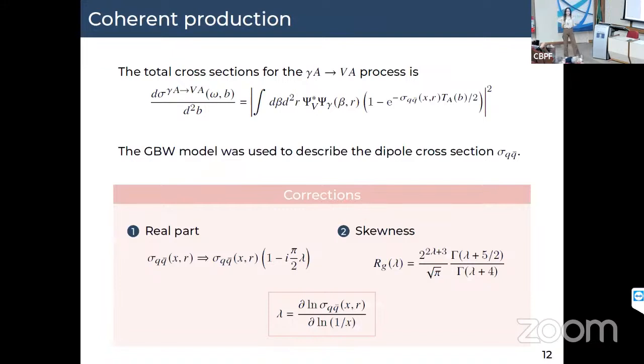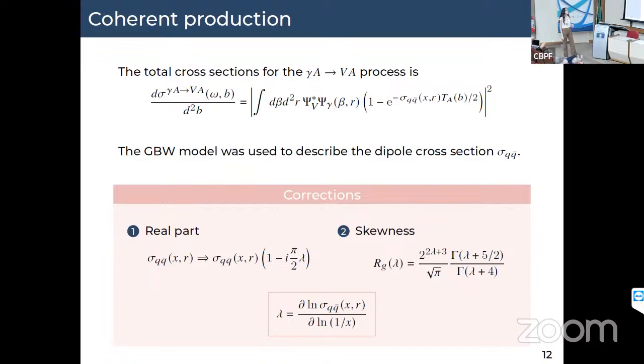With all these considerations, the total cross-section for the gamma A process will be given by this expression here, where we have the vector meson wave function, the photon wave function, and here is the amplitude calculated with the Glauber-Gribov model.